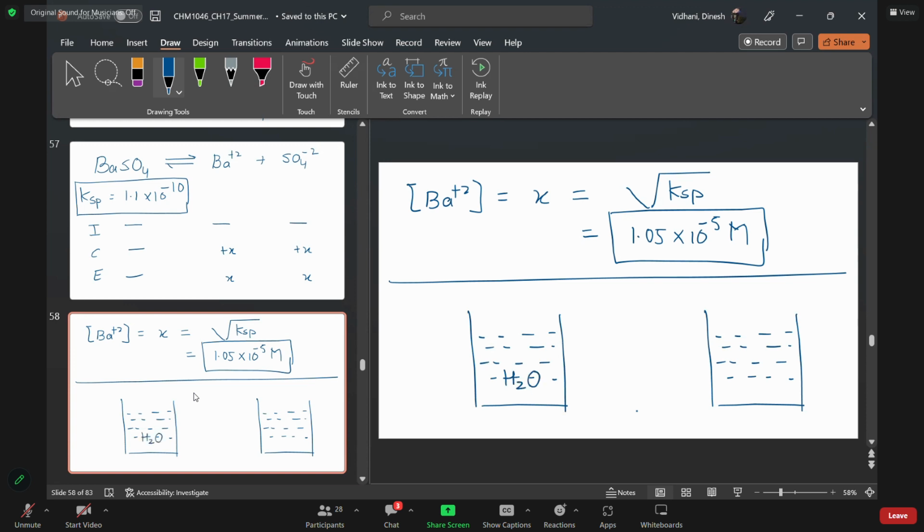And when you added barium sulfate, most of it was at the bottom, and 1.05 times 10 to the power negative 5 molar got in terms of barium ions and sulfate ions. This was from the equilibrium. This time, I'm not giving you simple water. I'm giving you sodium sulfate.